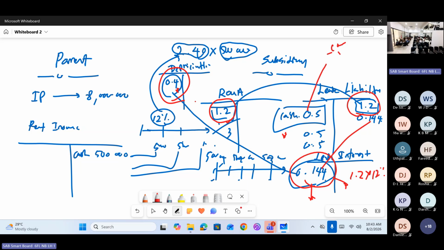Parent cash came. Parent cash debit, credit here. Right? And then depreciation. ROU depreciation, debit here. We have no other credit account.